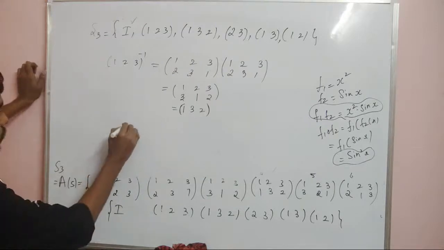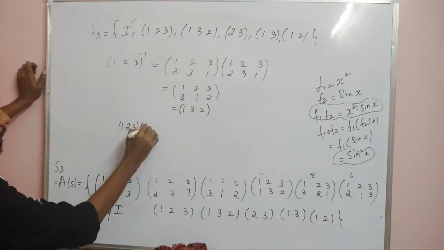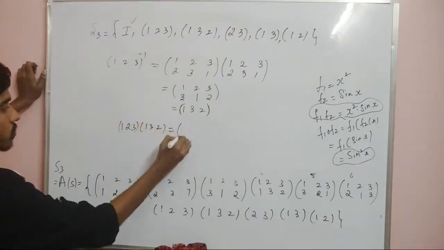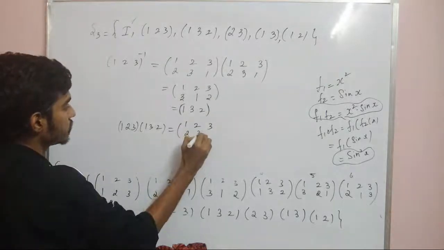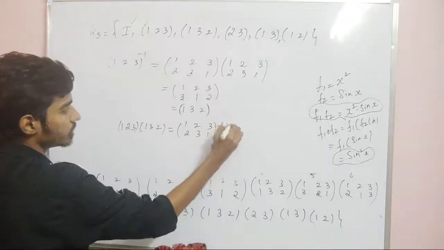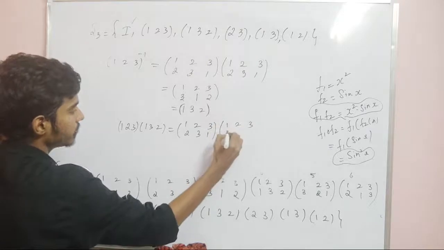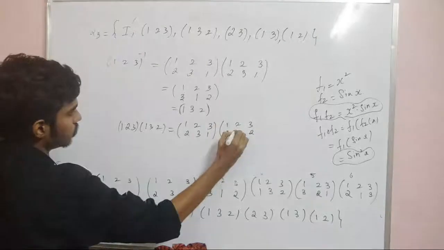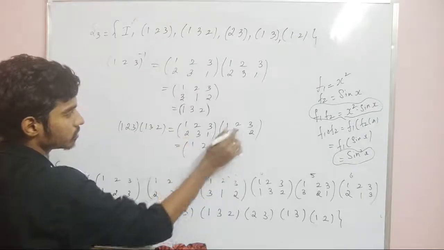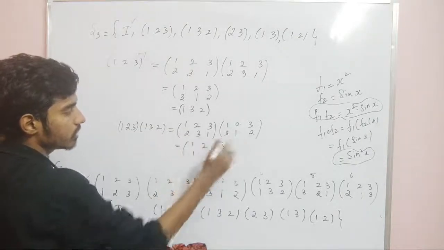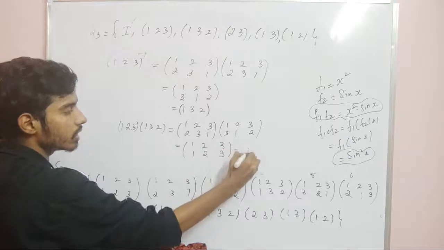So when you find 1 2 3 into 1 3 2, this is 1 2 3, 1 goes to 2, 2 goes to 3, 3 goes to 1, and 1 3 2 means 1 goes to 3, 3 goes to 2, 2 goes to 1. So to make the product, 1 goes to 2, 2 goes to 1, 2 goes to 3, 3 goes to 2. So you can see we have got the ID permutation.